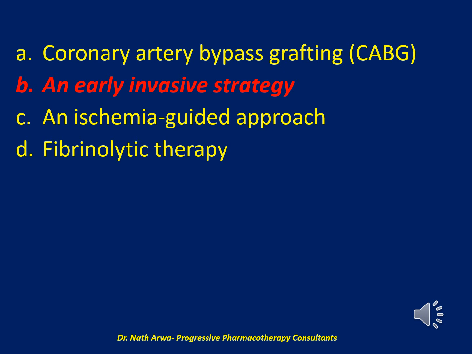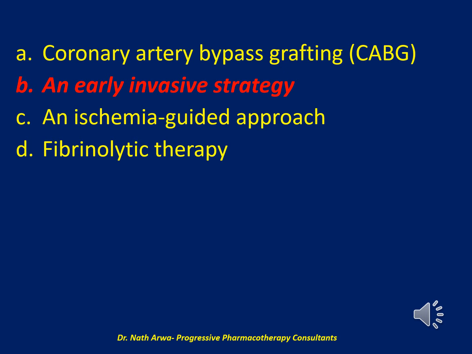An ischemia-guided approach, as in answer C, is incorrect. It would be appropriate if this patient's disease were lower risk, troponin negative, with a thrombolysis in myocardial infarction, TIMI, risk score less than 3, or a Global Registry of Acute Coronary Events score, abbreviated as GRACE score, less than 109.